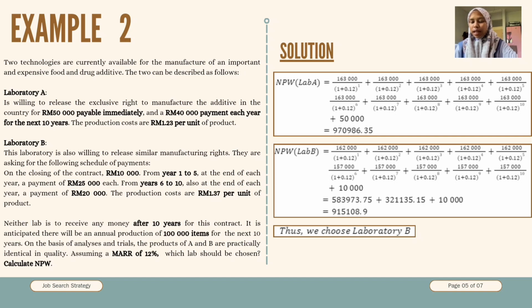After we add all of this for the next 10 years, we need to add the payable immediately, which is the 50,000. So for the NPW of Lab A, we can get 970,986.35.